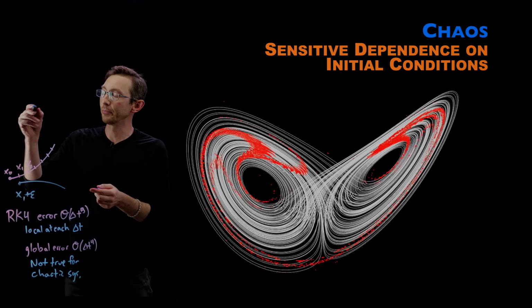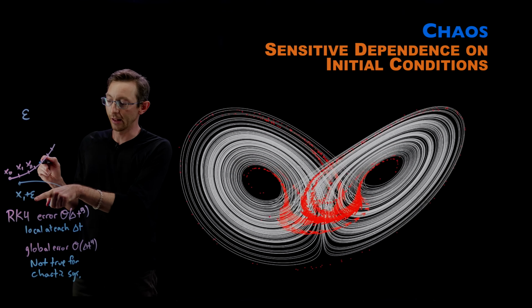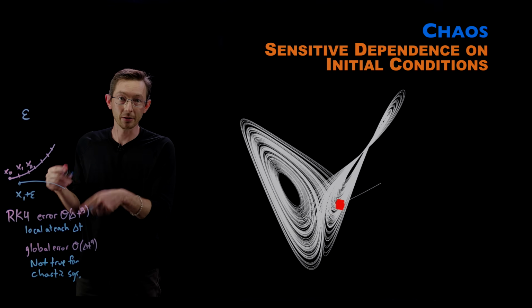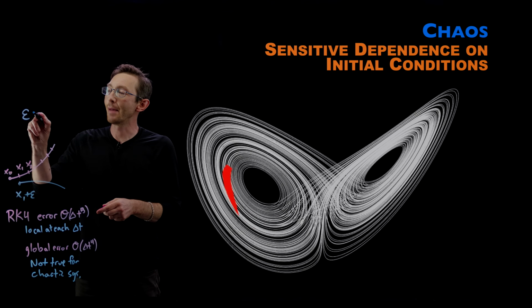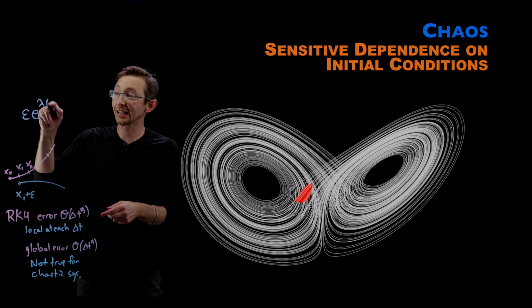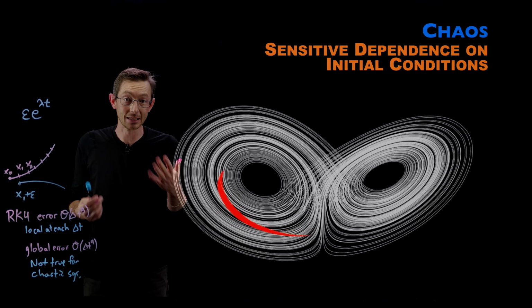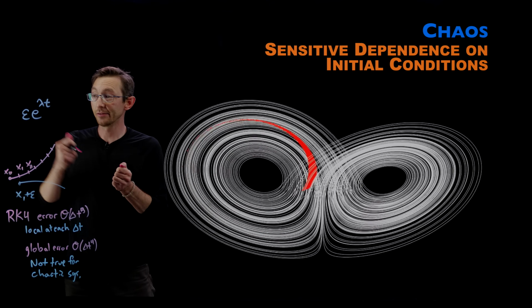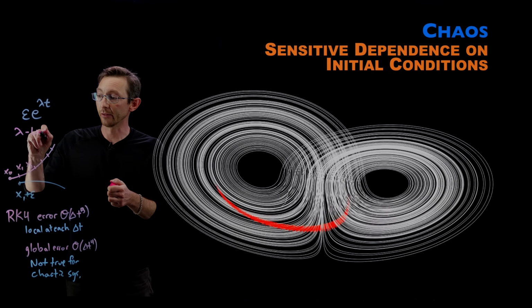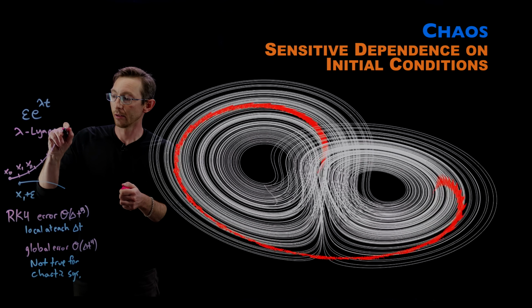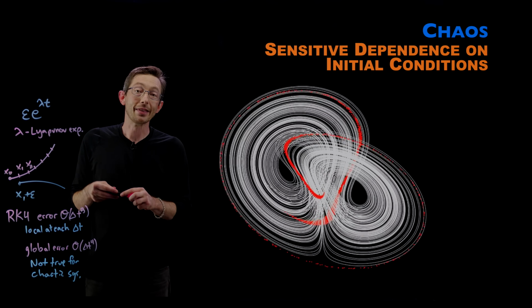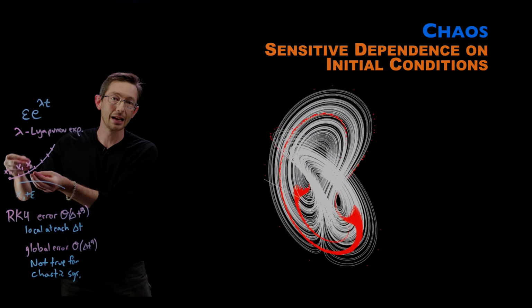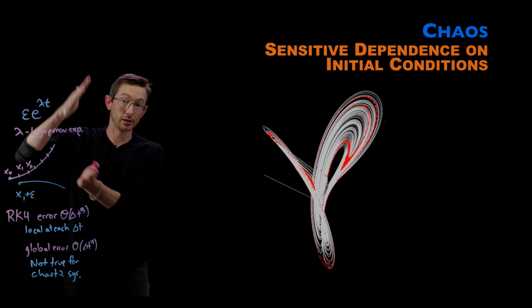You essentially have something like each of these little local delta t errors at every time step get magnified by some exponential function, some e to the lambda t, where lambda is a positive number called the Lyapunov exponent. And that essentially says that at every single time step, these little errors are growing exponentially in time.